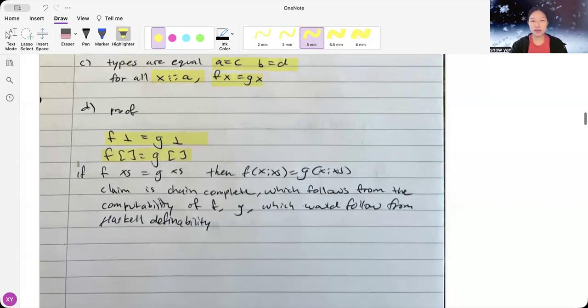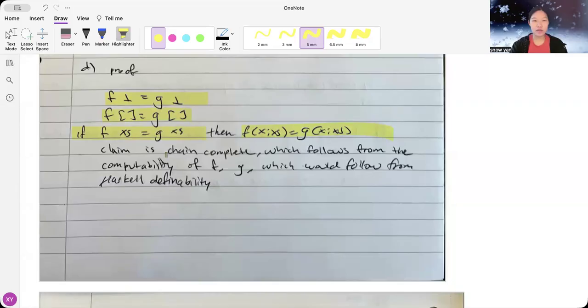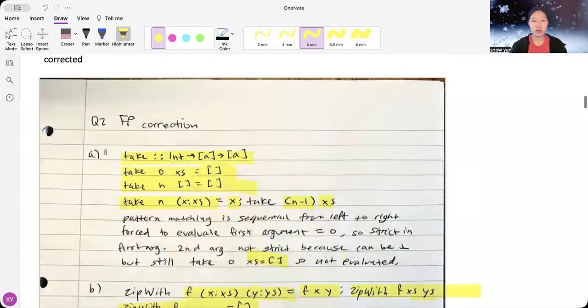Then the inductive step: assuming f of xs equals g of xs, we want to show that f of x:xs is equal to g of x:xs. And finally, to show that the claim is true for infinite lists, we want to show that the claim is chain complete, which follows from the definability of f and g, which would follow from Haskell definability. So yeah, these are the four parts.